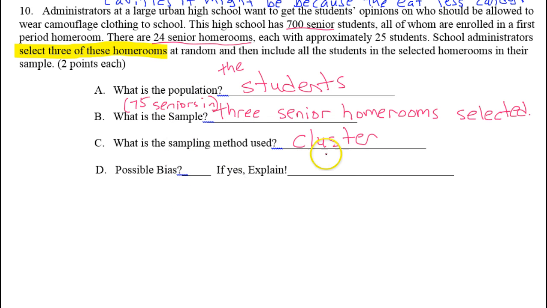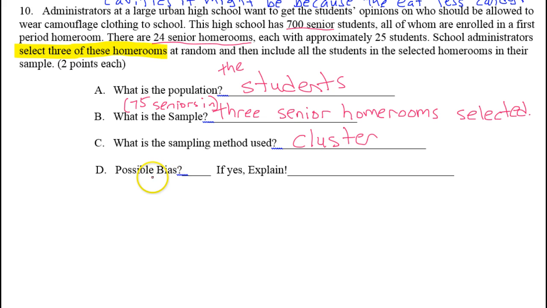Stratified random, again, is where, if we selected, let's say, 10 students from each homeroom, that would be stratified random. If you're picking some from each group, that's stratified random. If you're randomly picking entire groups at once, that's cluster. And that's what happened here. We randomly picked 3 entire groups, so that's cluster.